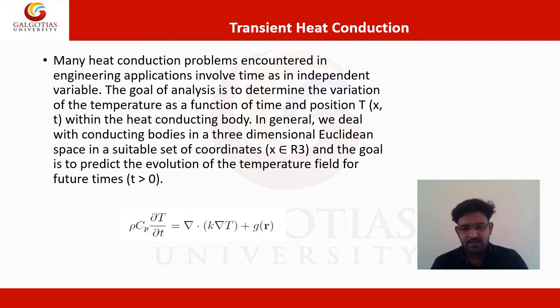This is the general form of the equation for heat transfer, not steady state. If there is no source, then G(r) goes to 0. So you have the equation rho Cp del T by del t equals del dot (K del T). The expansion gives you del by del x of (K del T by del x) plus del by del y of (K del T by del y) plus del by del z of (K del T by del z).